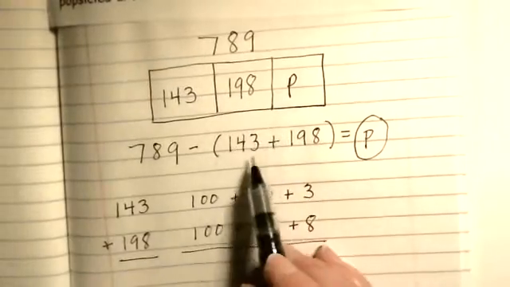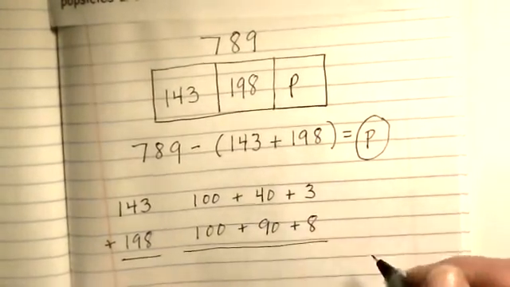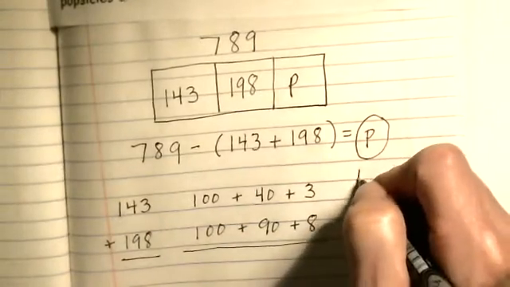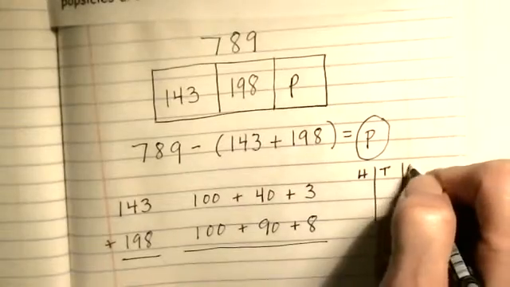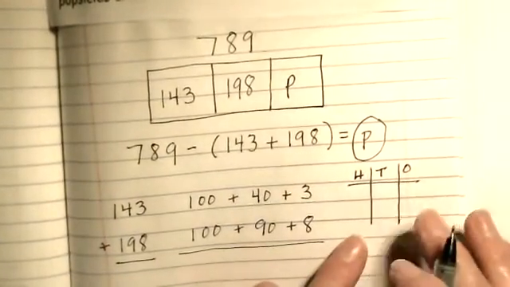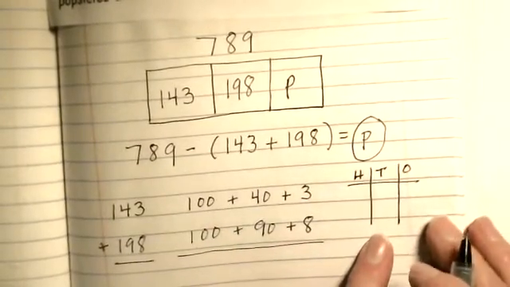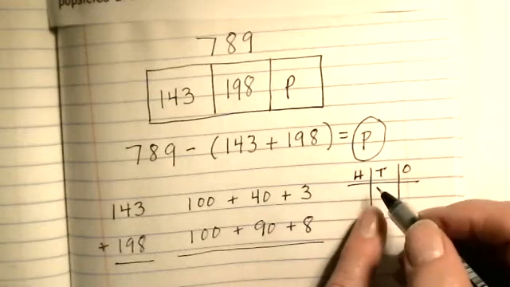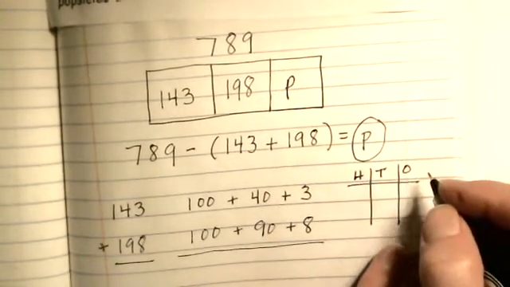Okay, so my problem was 143 plus 198, so good. I'm going to add these. So just again, hundreds, tens, ones. You're not going to do your work in this. I keep putting this here to remind you that what you're doing here is very much like what you were doing when you had your hundreds blocks and the tens sticks and the ones, okay?